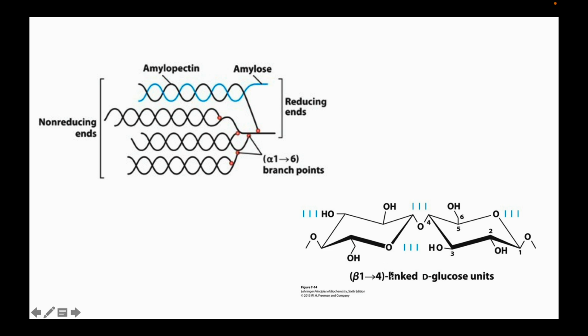So the biggest difference between cellulose, glycogen and starch is that cellulose has beta 1,4 linked glucose, and glycogen and starch have alpha 1,4 and alpha 1,6 linkages. Starch and glycogen both have alpha 1,4 linkage. So what is the difference between starch and glycogen then?